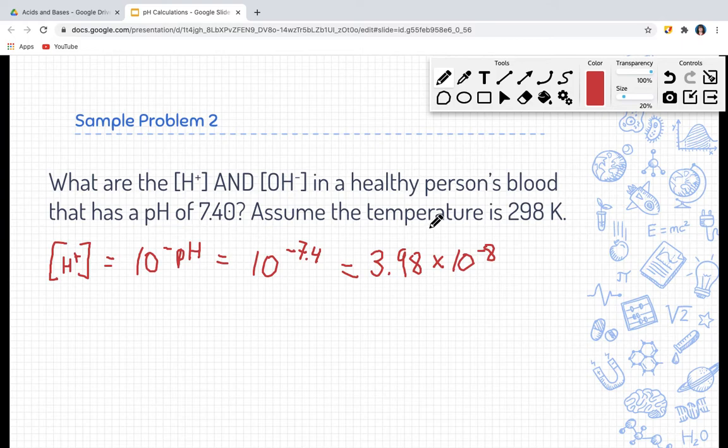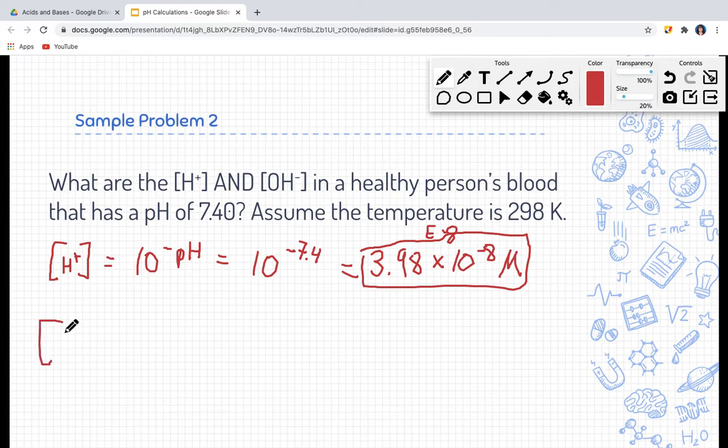Now what I'm seeing on my calculator is actually a big long digit, and then E negative 8. As a reminder, that capital E says, take this number that's in front of it, times 10 to the power of whatever is behind the E. So that's what it ends up being, and that needs a label of molar, okay? So that's the concentration of hydrogen ions.